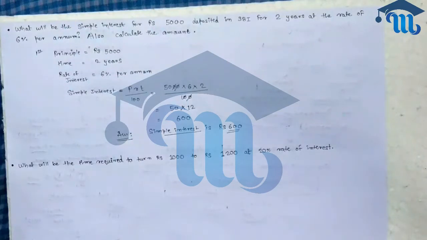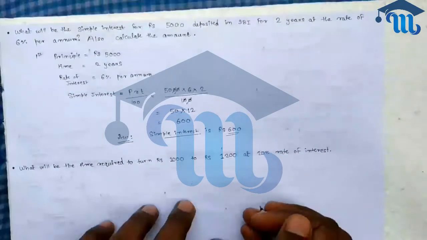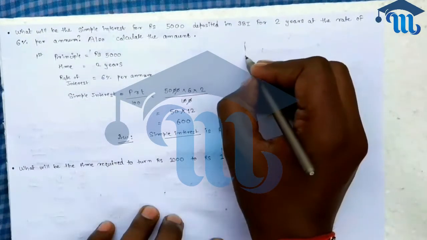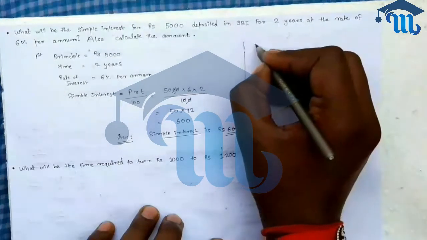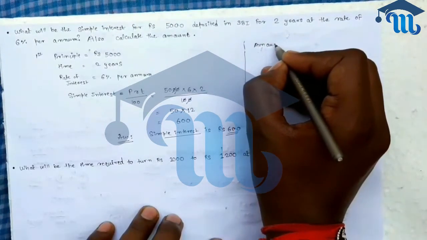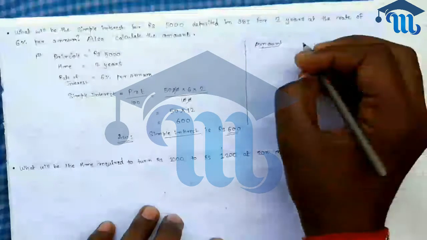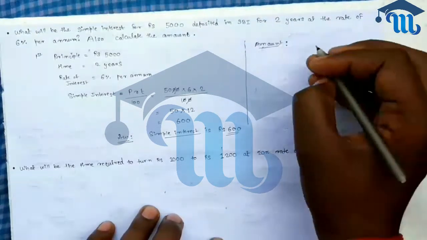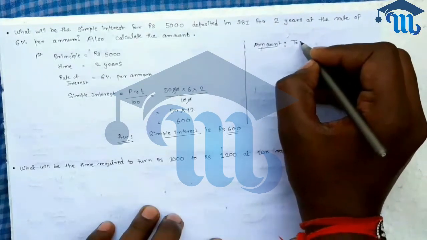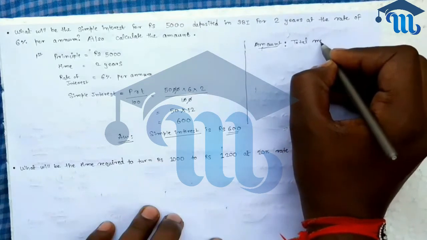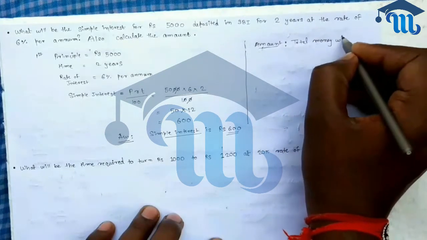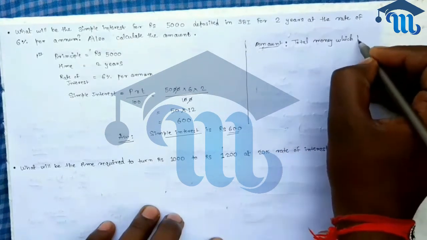But the question is not still over. We need to calculate the amount also. As we have learned, amount is the total money which the person will get.